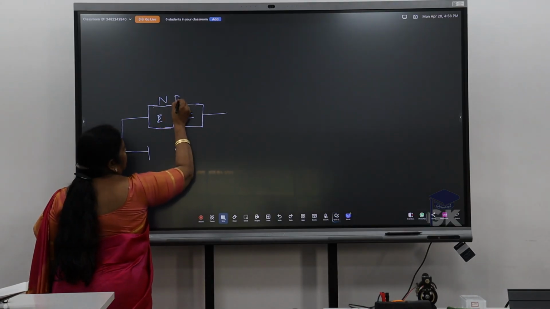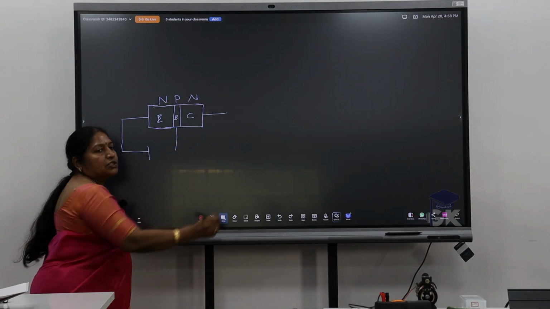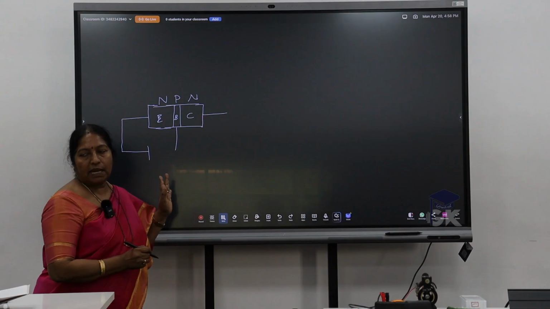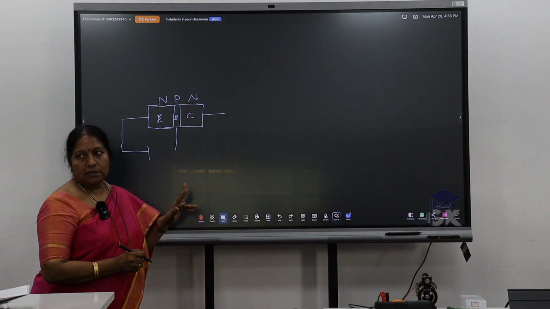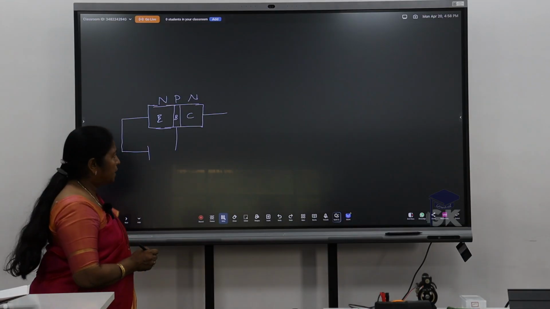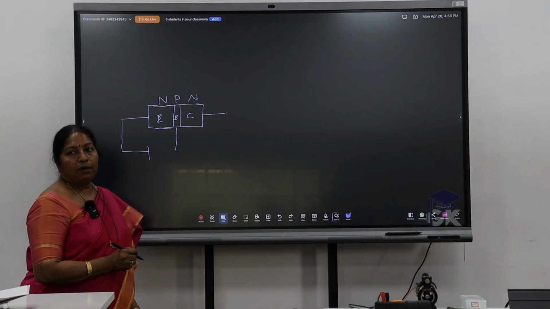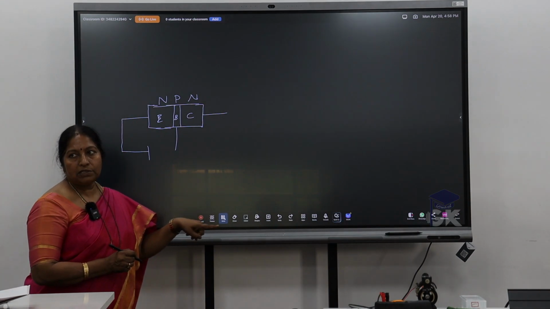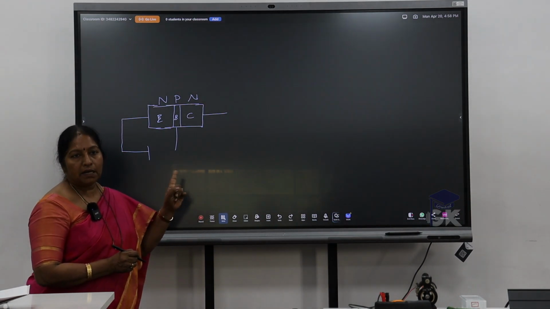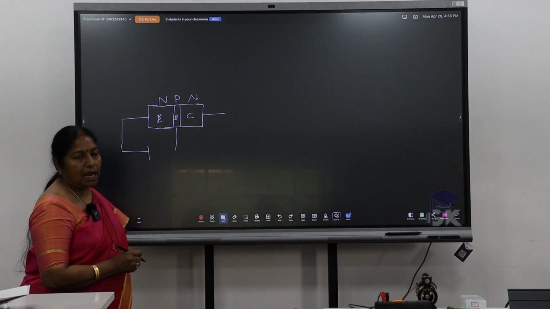The materials used here: emitter is N type, base is P type, collector is N type semiconductor. If I want to make it conduct, emitter base should be forward biased, collector base should be reverse biased. What do you mean by that?